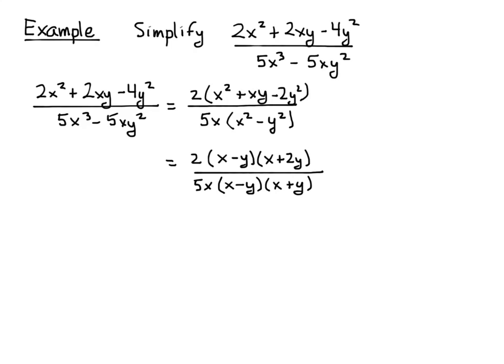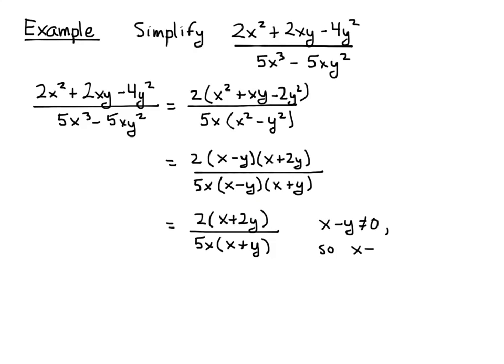Okay, here we notice we have the x minus y in common, and so my answer is going to be 2 times the remaining terms, 2x plus 2y over 5x times x plus y. But what I took out was this x minus y, and I don't want that to be equal to 0.